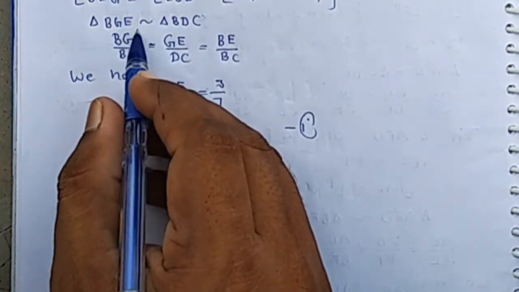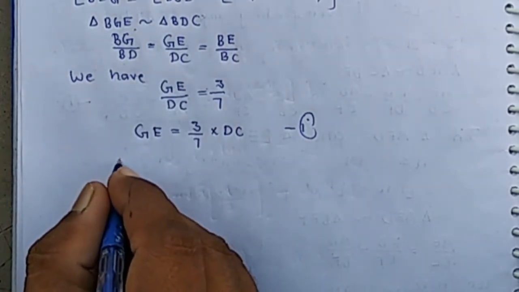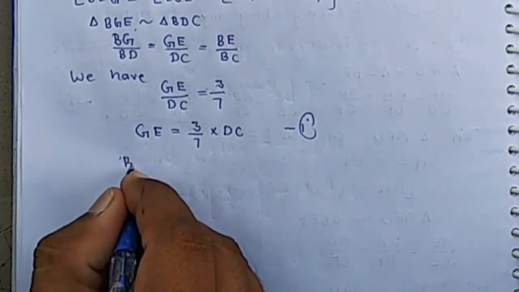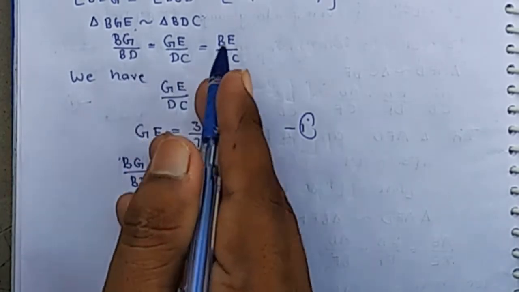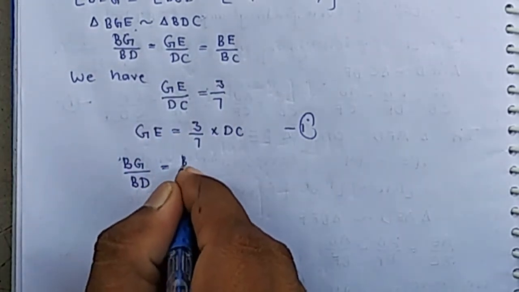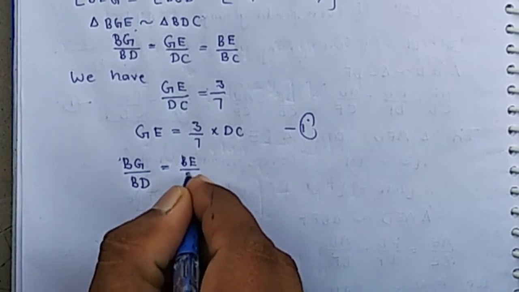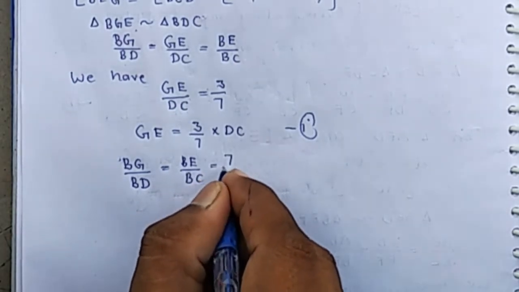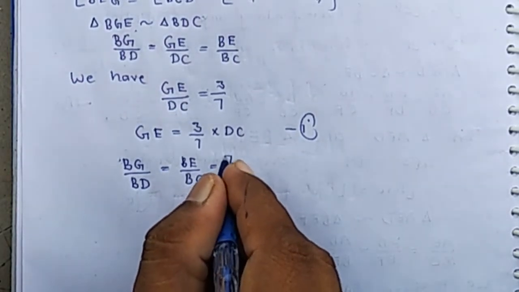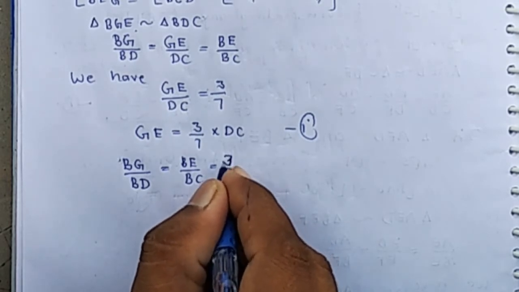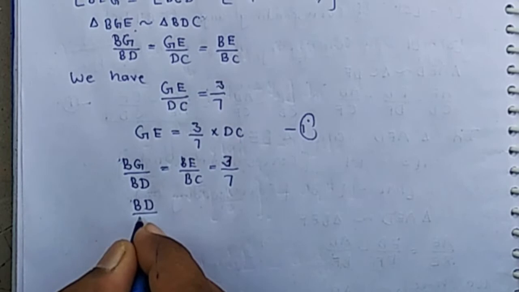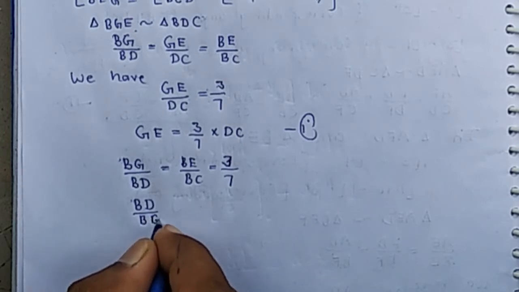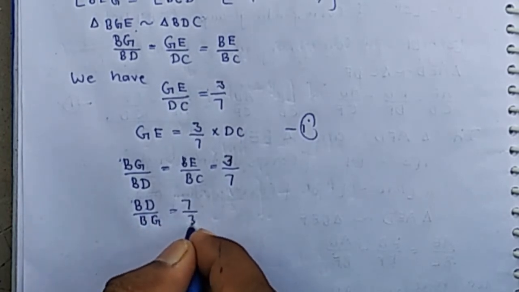Now if we want to find BG by BD, BG by BD is also equal to BE by BC, means 3 by 7. Then BD by BG, the reciprocal of it, is equal to 7 by 3.